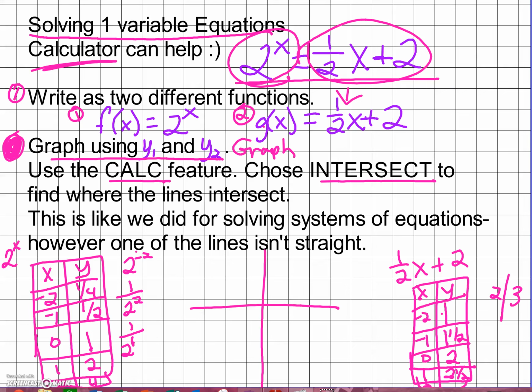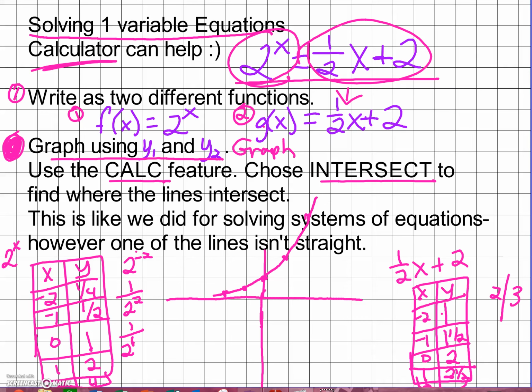Sorry, let's fix this line. It's not exactly on it. So we will go -2, 1/4, -1, 1/2, 0, 1, 1, 2, 2, 4. So this is what this one would look like.